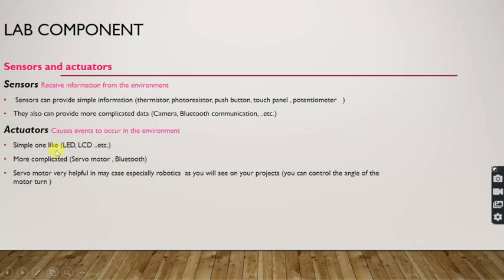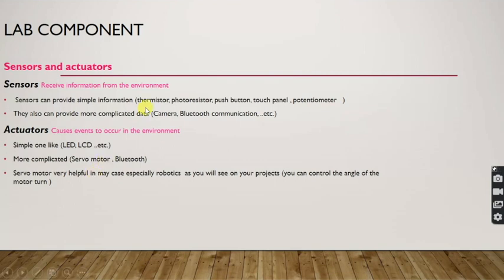For example, a simple actuator, an LED, will cause the event of turning on or off. The LCD is also a simple actuator. It causes an event, for example, typing some text on the LCD. A more complicated actuator is the servo motor.